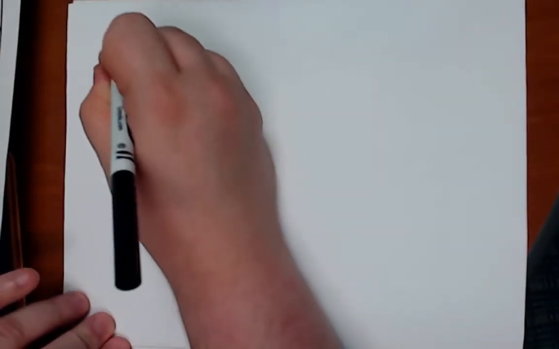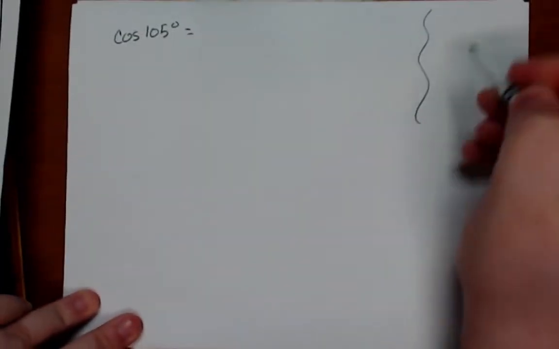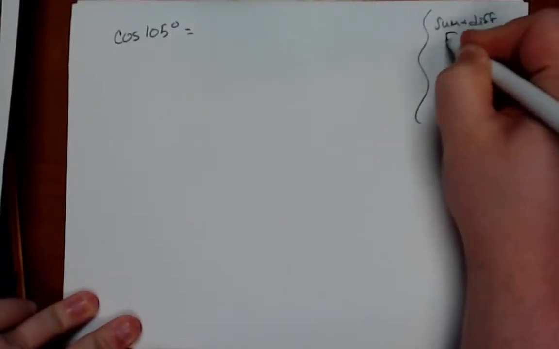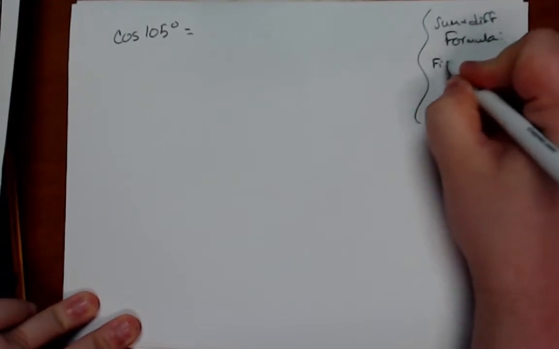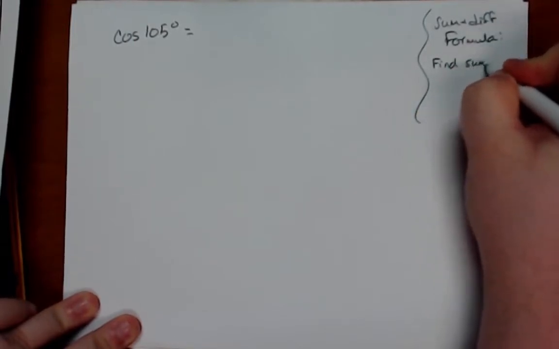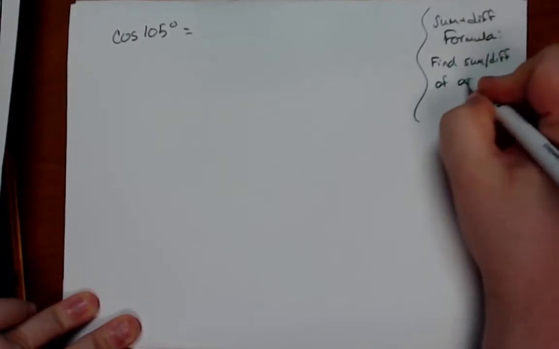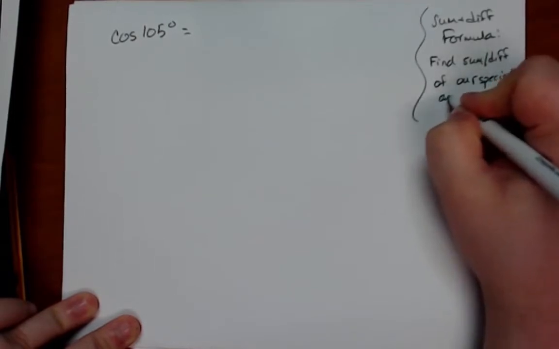So another example, if we have cosine of 105 degrees. Well, again, what we can do is rewrite this. Generally speaking, when we're working with our sum and difference formula, you want to find a sum or a difference of our special angles, right?